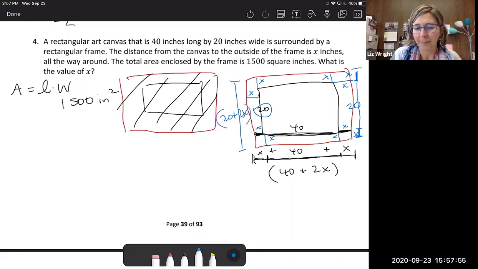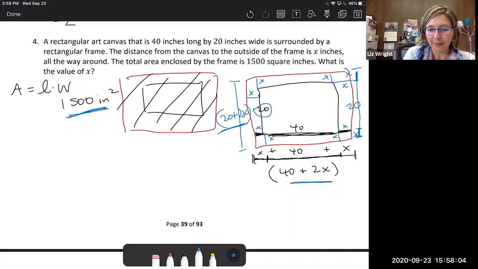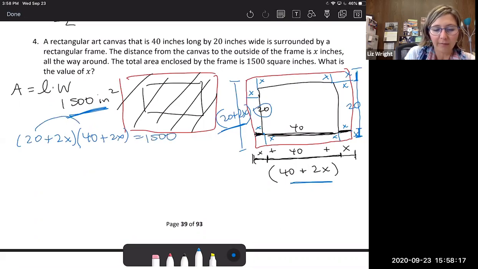Well, now what? Now we know that length times our width is going to equal our area. So that's what we're going to write in here. So we're going to do 20 plus 2x times 40 plus 2x, and that equals 1,500. So we're going to go ahead and FOIL.